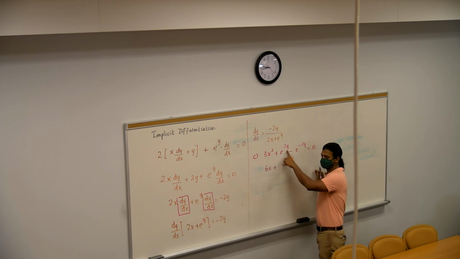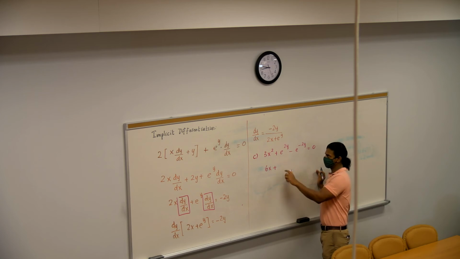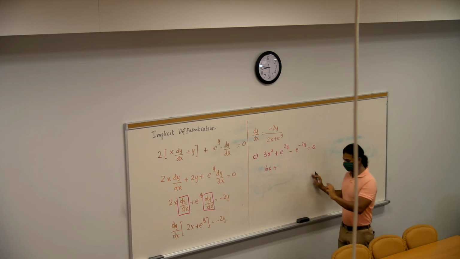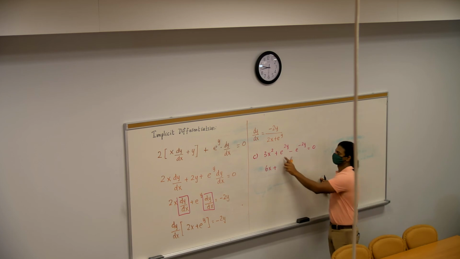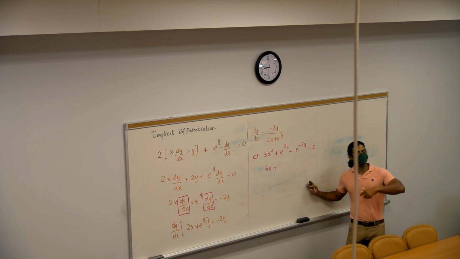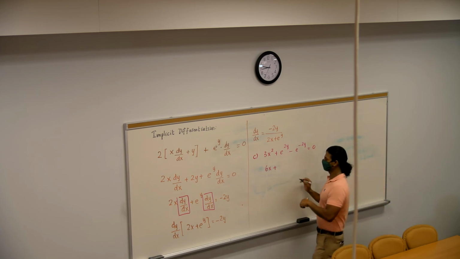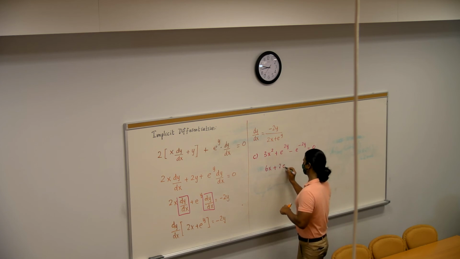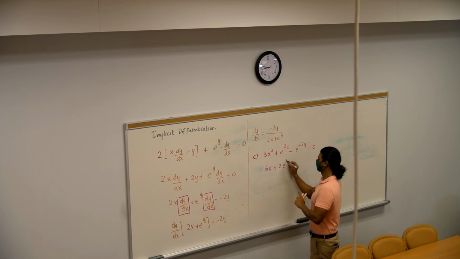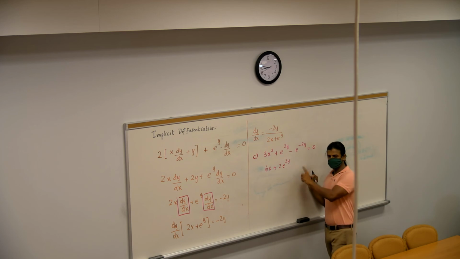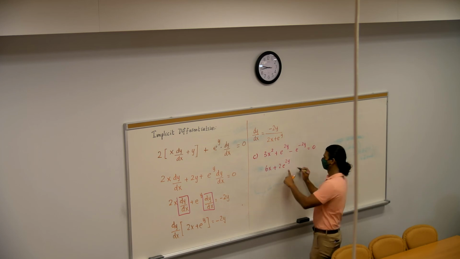Y is a function of x, so we can't just say the derivative is 0, but I can treat it as x for the time being. And what would the derivative of e raised to 2x be? It is simply 2 e raised to 2y. What are we missing? We are missing times dy over dx.